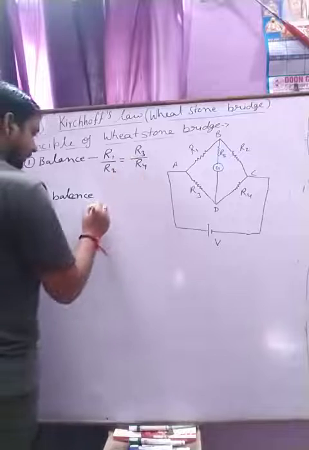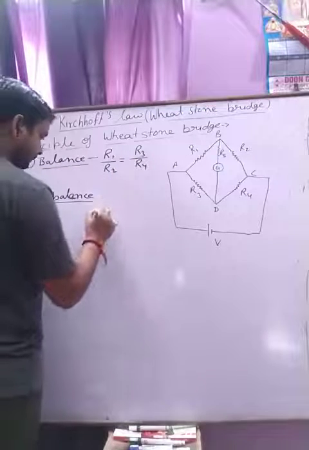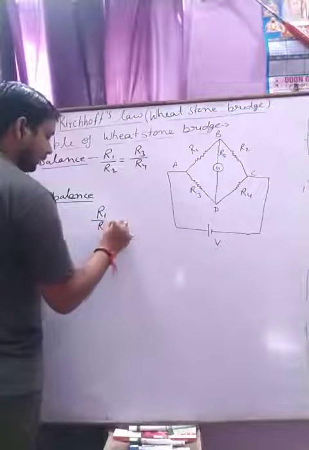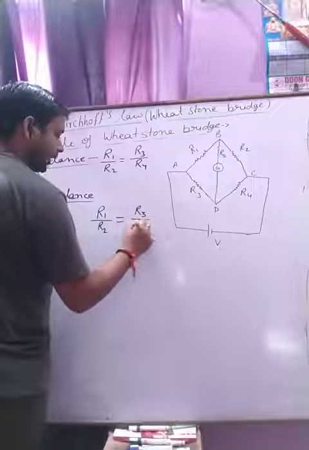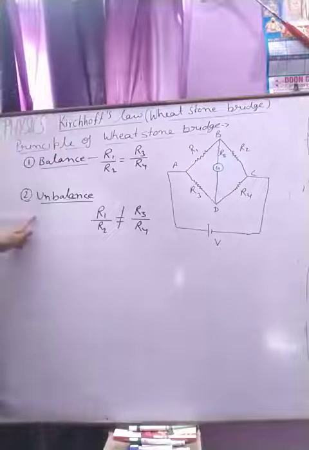And second, if the ratio of R1 upon R2 is not equal to R3 upon R4, then the bridge is said to be unbalanced.